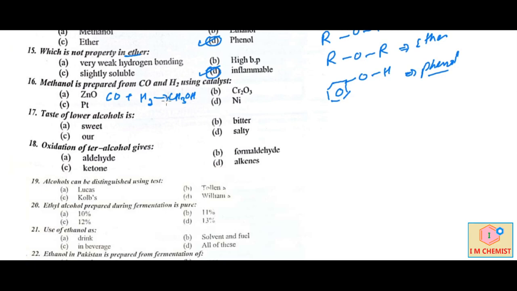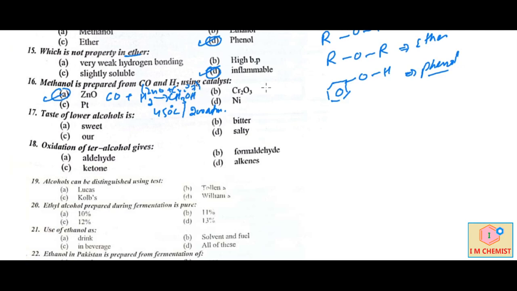This reaction actually occurs in the presence of various catalysts, that is zinc oxide and chromium oxide, Cr2O7, at 450 degrees centigrade and a pressure of 200 atm. So here the right option would be option A, zinc oxide.